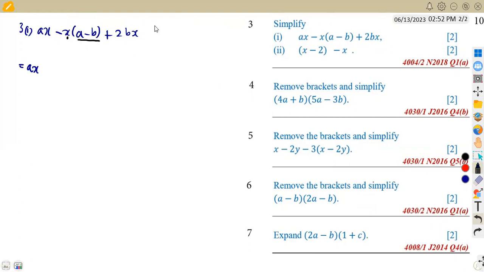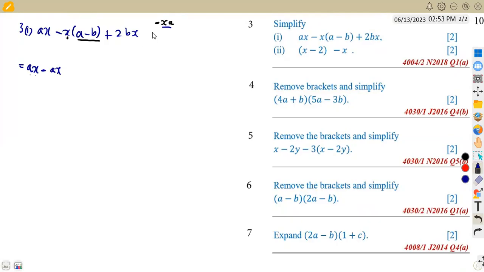We are actually supposed to obtain minus xa if we multiply it properly. But just because the first term we have written is ax, starting with a followed by x, let us have the same way of writing. So this is going to be minus ax instead of writing xa.